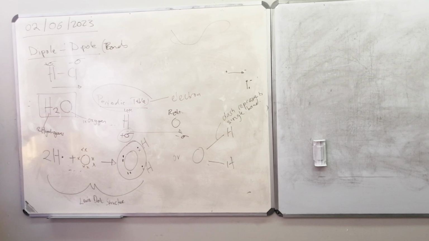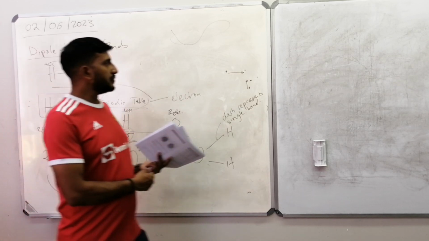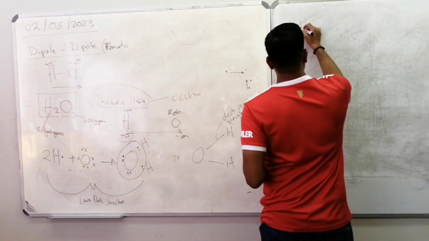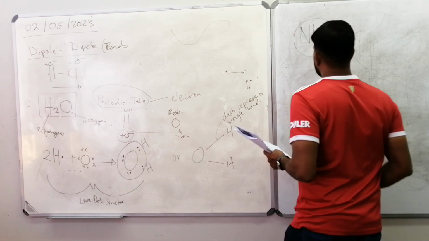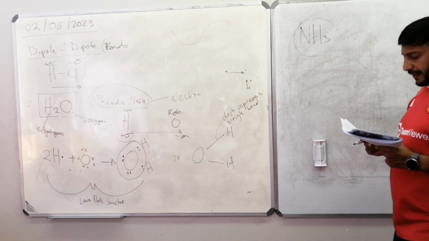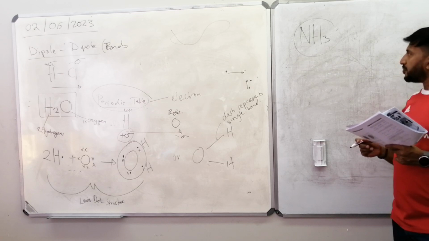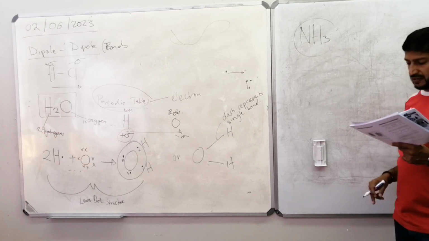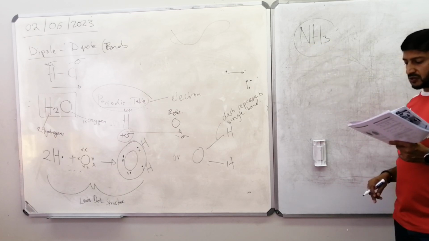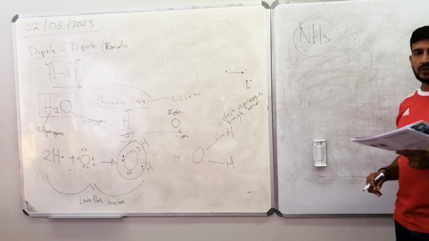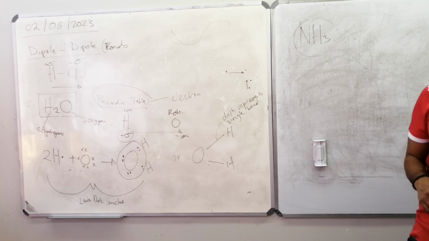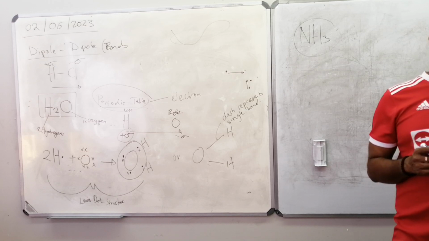So the next one we're looking at is an ammonia molecule. The ammonia molecule is given by the compound NH3. NH3 is made up of 3 hydrogens and 1 nitrogen. Now if we go to your periodic table and we look at nitrogen, what group is nitrogen in?